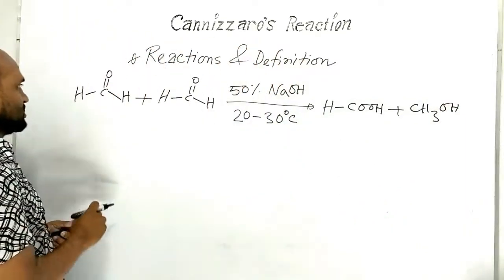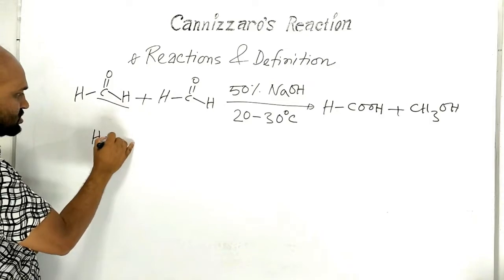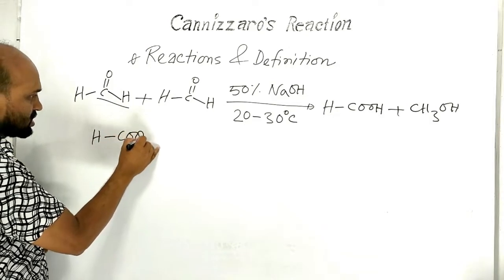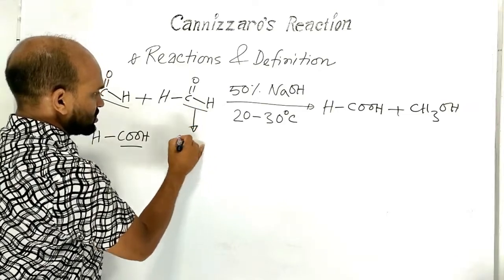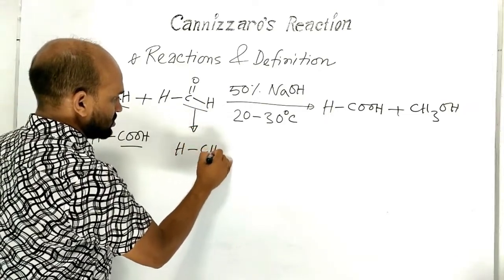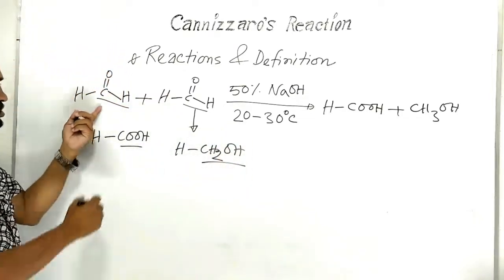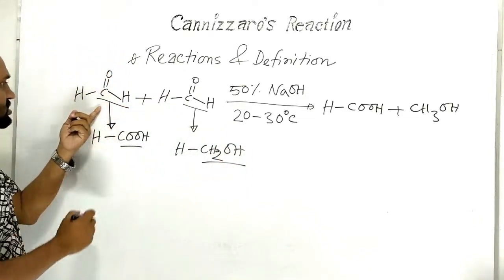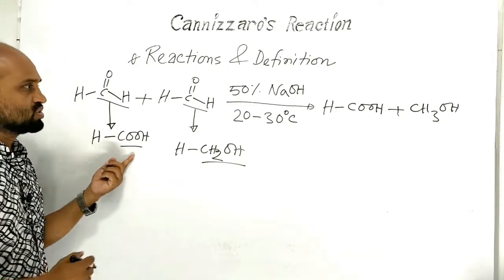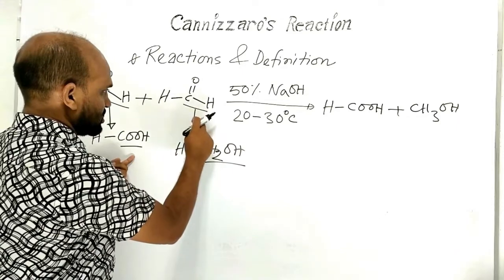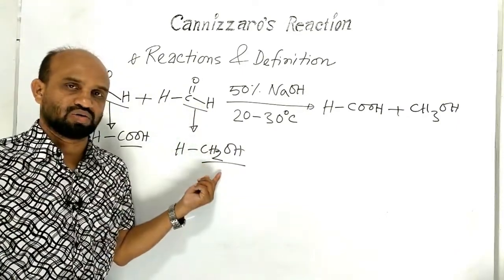That is, here this aldehyde group turns into a carboxyl group. Here this aldehyde group turns into this group. That is, through oxidation the aldehyde group turns into a carboxylic acid group, and through reduction the aldehyde group turns into an alcoholic group.